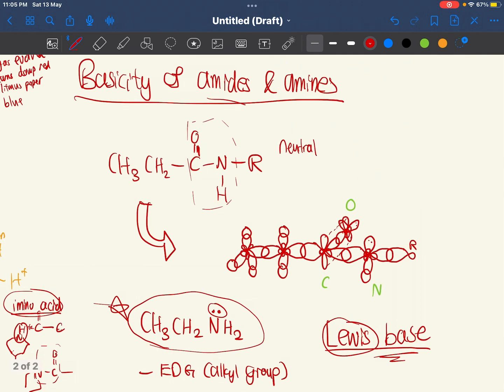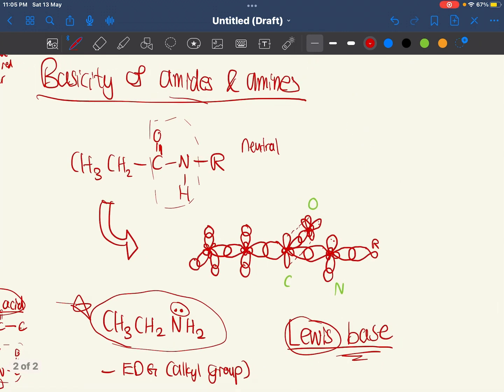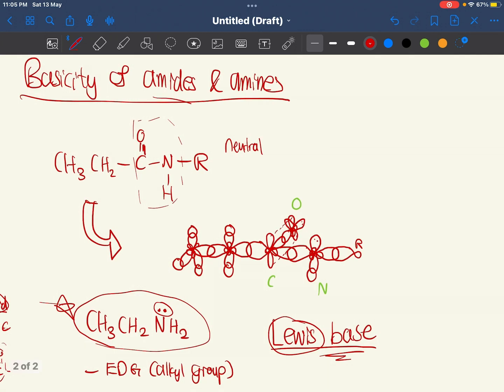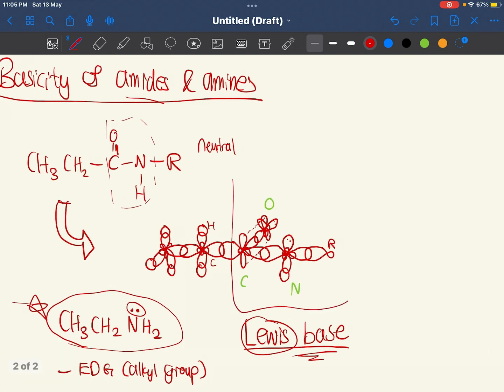So why is it neutral? Excuse my drawing here, it's maybe not very accurate, but this is the 1s orbital of my hydrogen atom and the sp3 orbital of my carbon atom, though that's not very important. If we zoom in on this part here, it's my O, C, N bond.